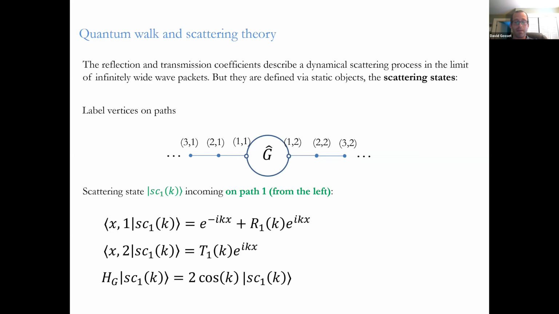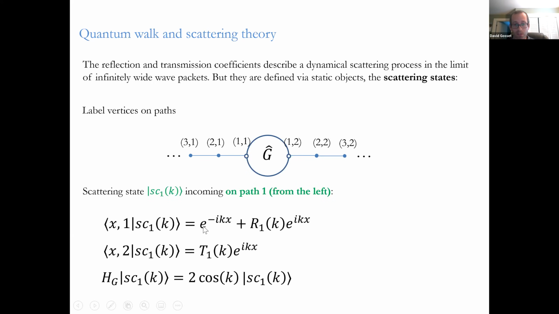The scattering state we'll label SC1 of K is the one that comes in from the left. And it is the solution to the following set of equations. So the first 2 equations here describe the scattering state on the semi-infinite paths, the left path and the right path.